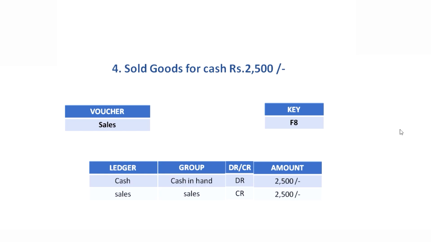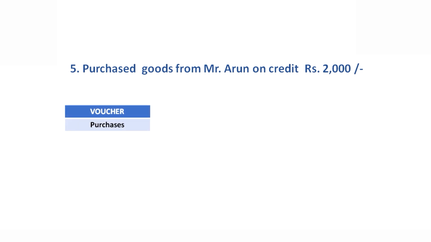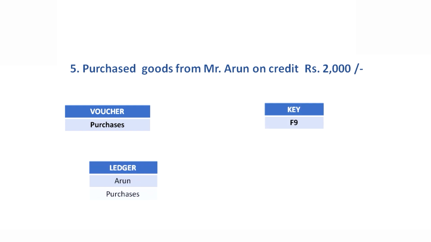So we'll see the next transaction. Purchase goods from Mr. Arun on credit, rupees 2000. We use a purchase voucher to pass this transaction. Shortcut key will be F9. The two ledgers required to pass this transaction are Arun account and purchase account.